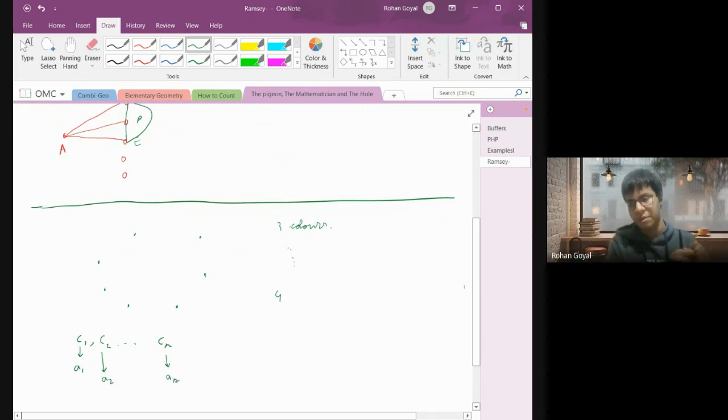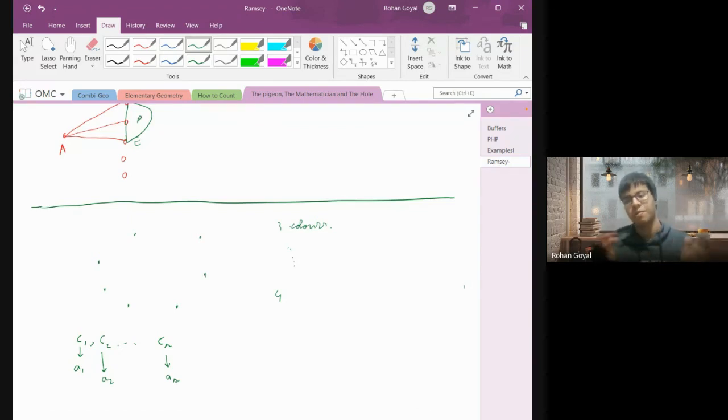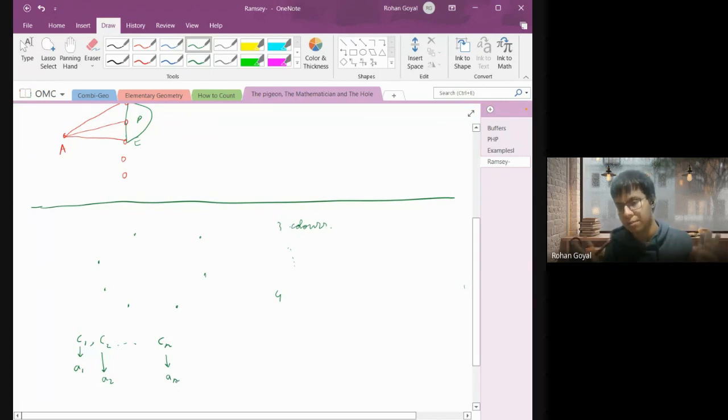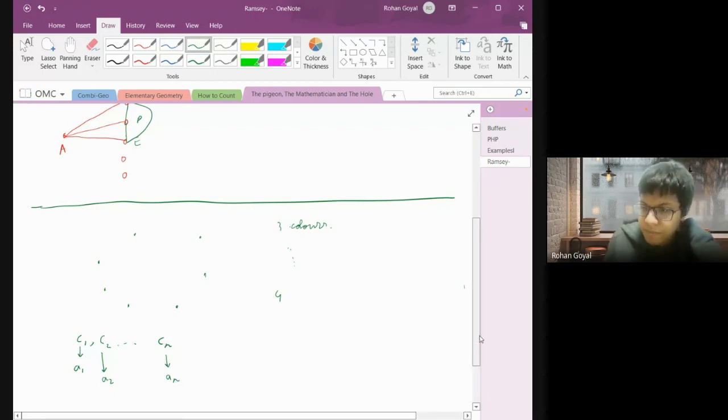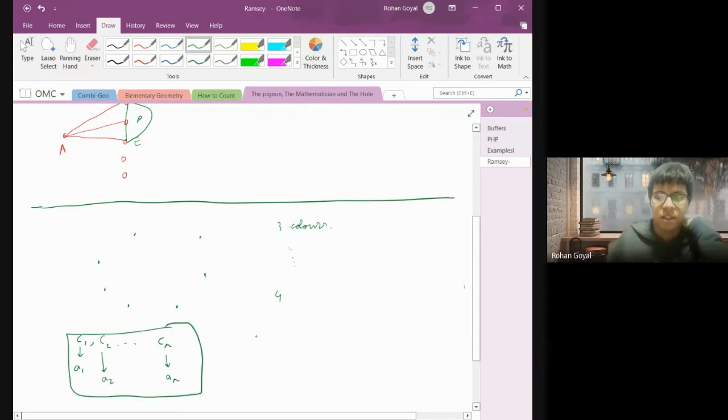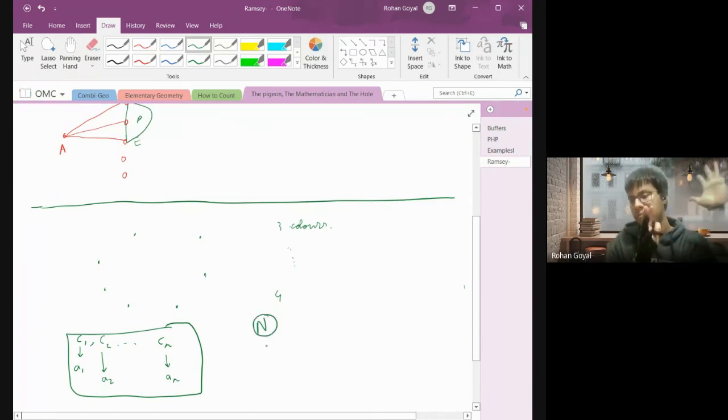If you can find A1 people with all color 1 between them, or A2 people with all color 2 between them, or something like this, then you're very happy. Okay. So the big result is that if this is the condition you have, then there is a number n such that if you have n people and each pair colored with these colors, at least one of these conditions is satisfied.